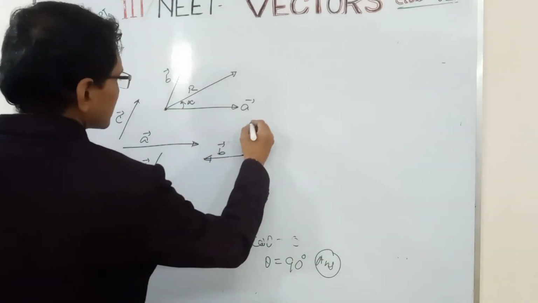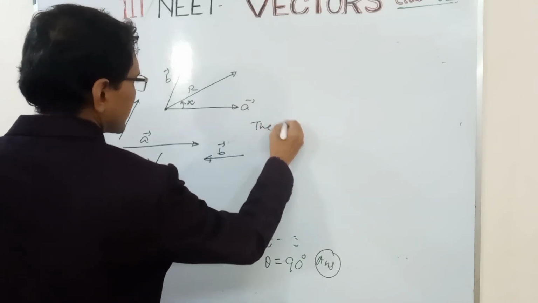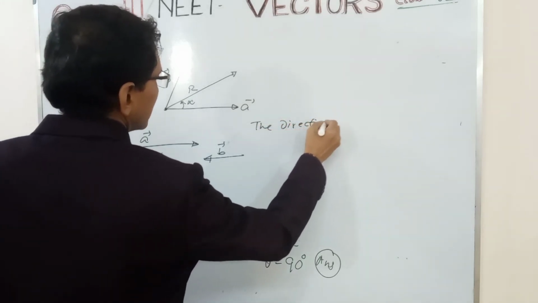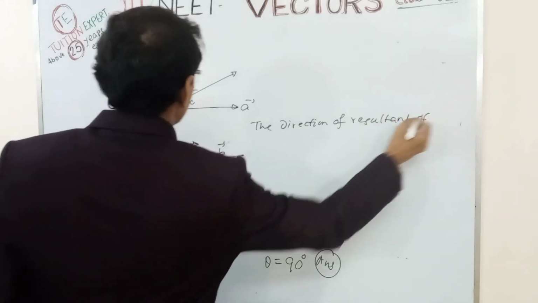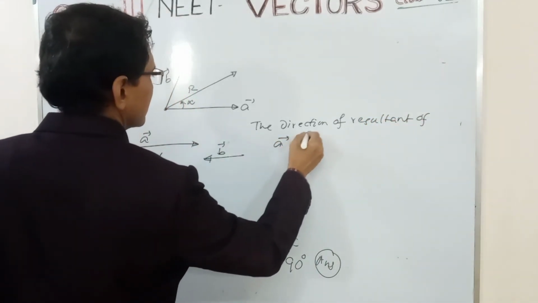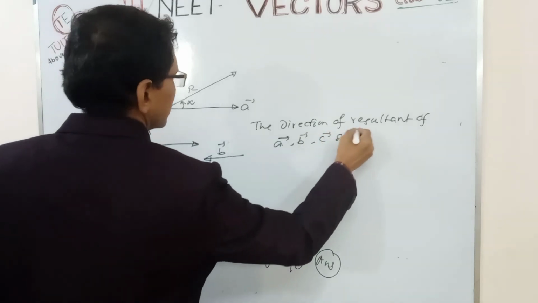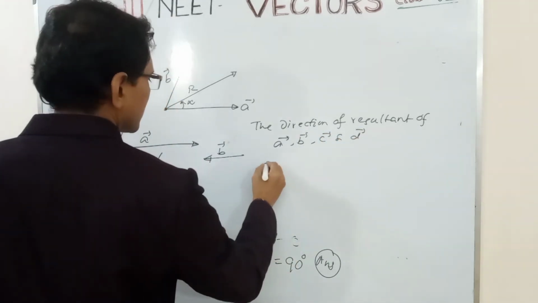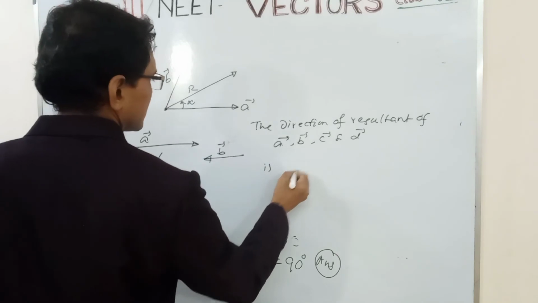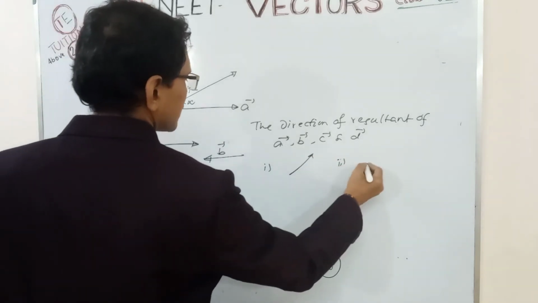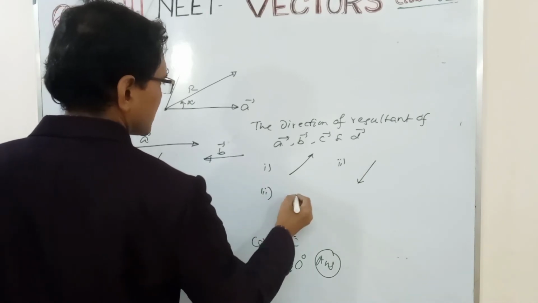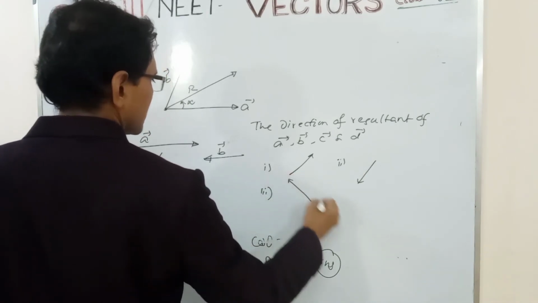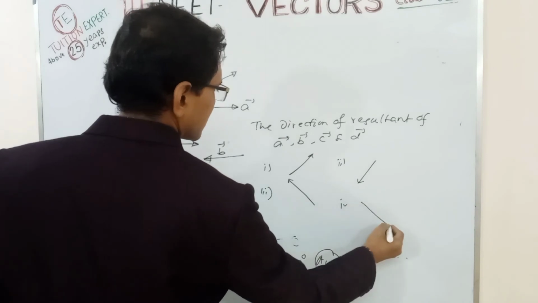What is the direction of the resultant? This is the first option, this the second option, this the third option, this the fourth option.